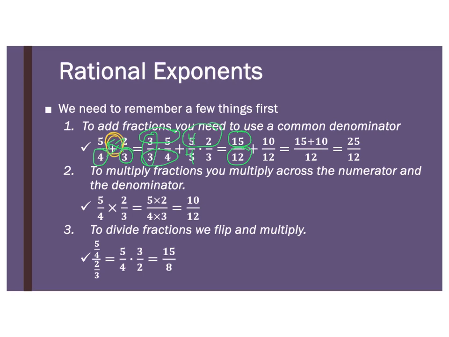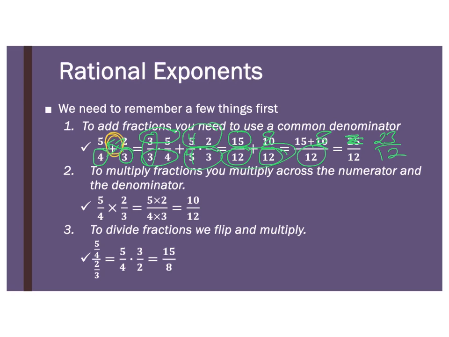And I should get 4 times 2, which is 8, over 5 times, again, 4 times 3, which is 12. All right, so now 15 plus 8 will become 23. And since it's a common denominator of 12, my final answer will have a 12 underneath. Okay, we'll have to fix that.